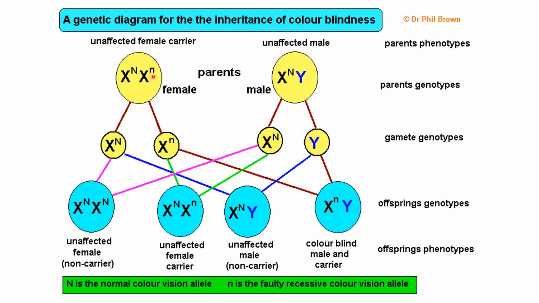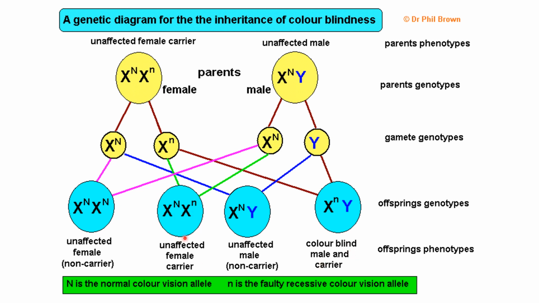So this recessive allele will cause color blindness. The mother can pass on the dominant or the recessive to each of her children. If the recessive allele is passed on to her son and combined with the father's Y chromosome, we have here a son that is colorblind.